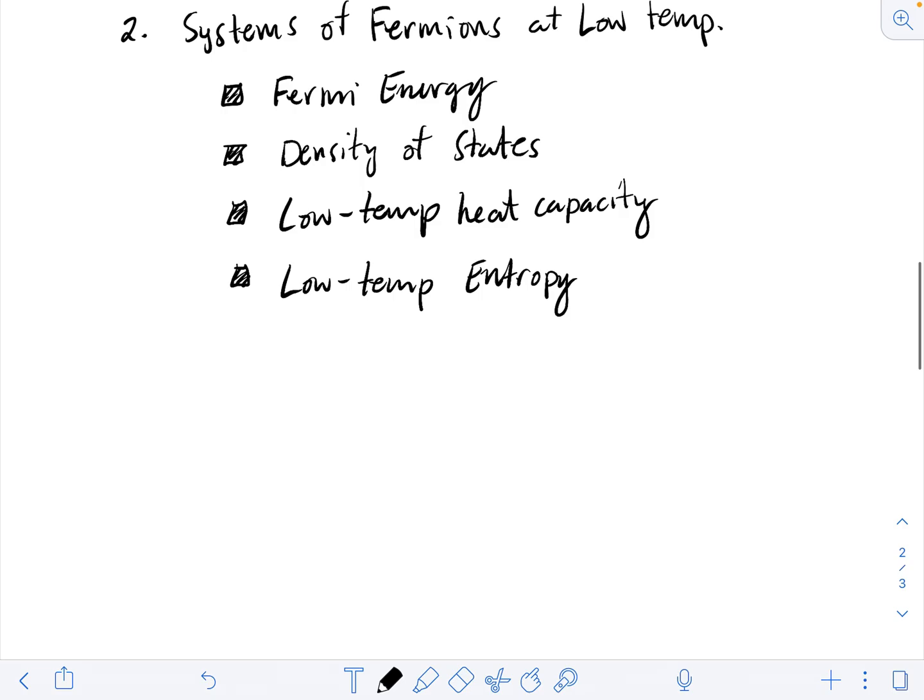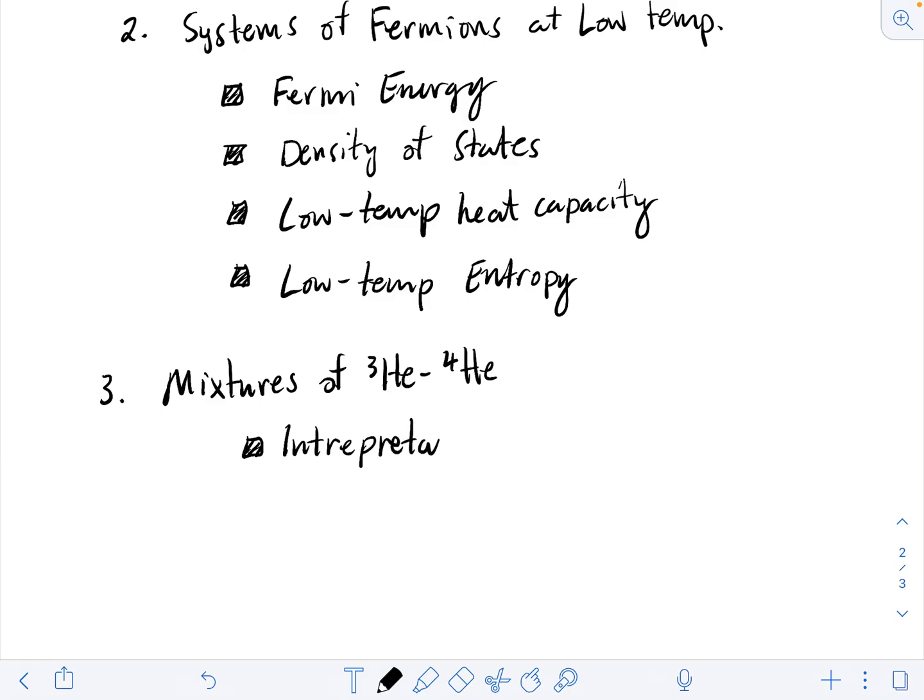Okay. Once we've done those first two things, then we'll be able to start discussing mixtures of helium-3 and helium-4, the two isotopes of helium. We're going to come up with an interpretation of chemical potential. What it's going to be related to is the change in energy of a system that results when you change the number of particles in the system.